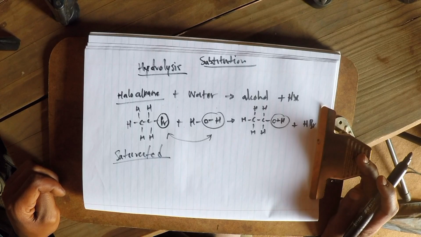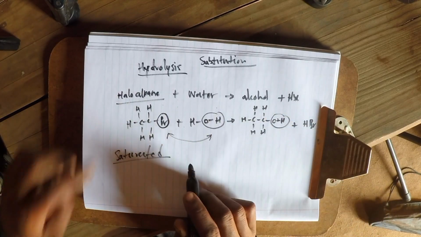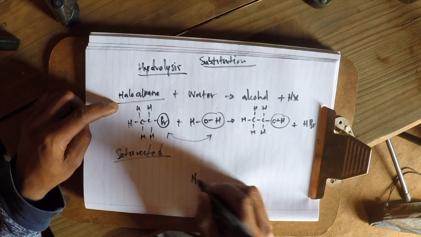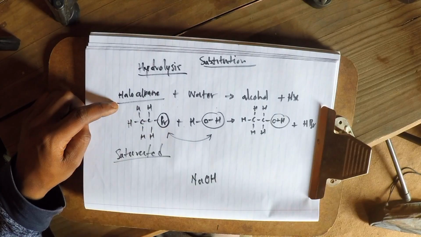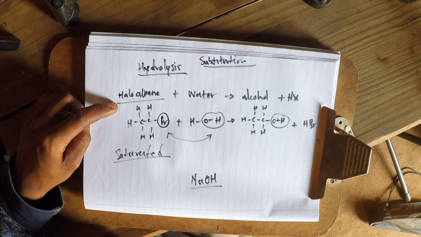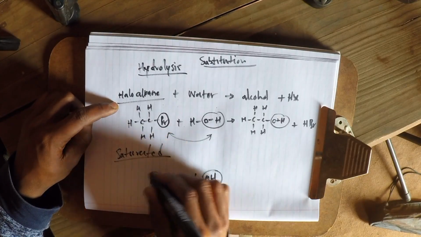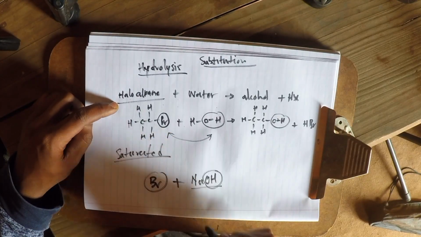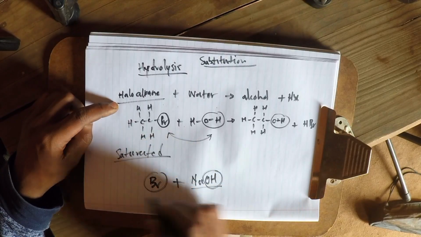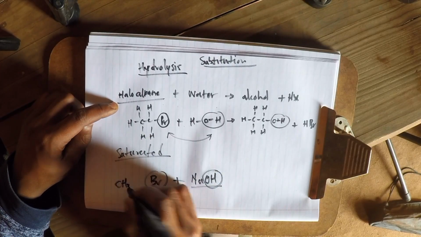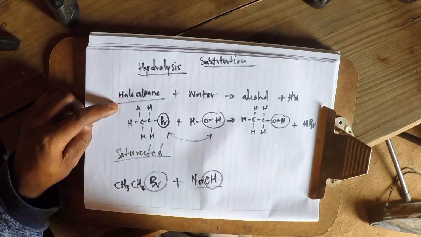So the same thing can happen between a haloalkane and NaOH. You can also have the same substitution, whereby the haloalkane with a Br is going to substitute the OH and the Br. Right? And then let me see, CH3, CH2, Br.